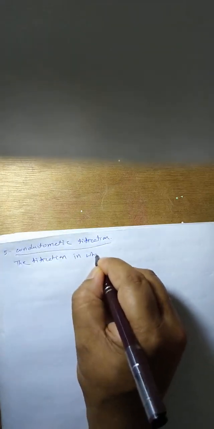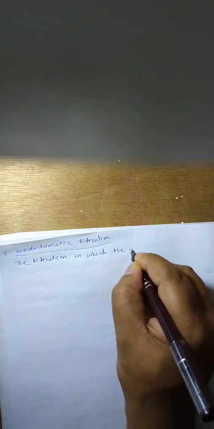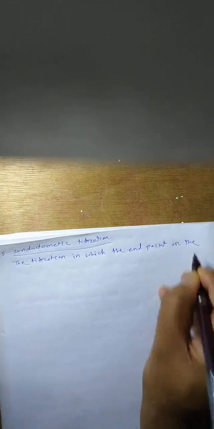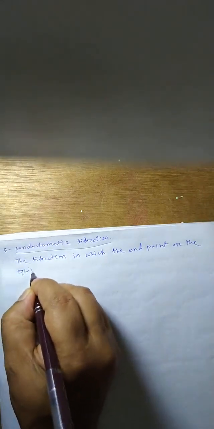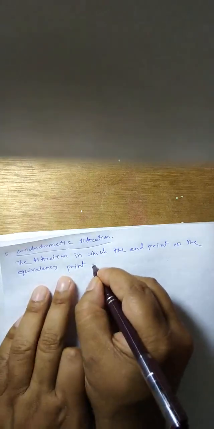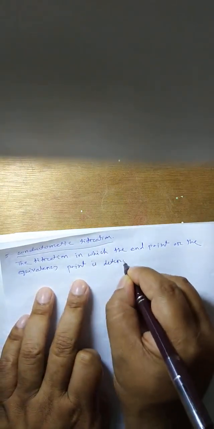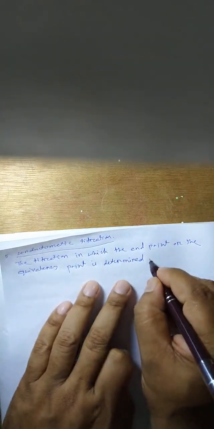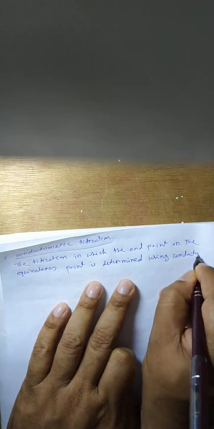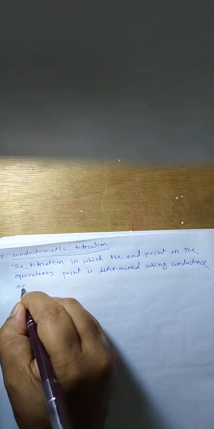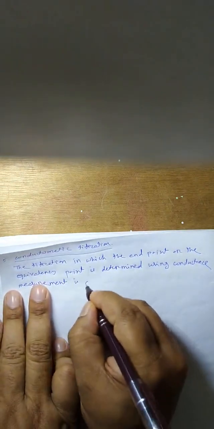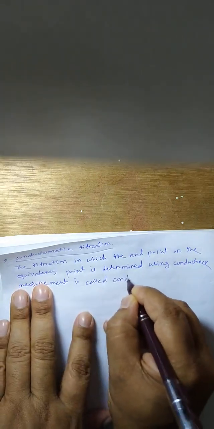That means the titration in which the end point or the equivalence point is determined using conductance measurement is called conductometric titration.